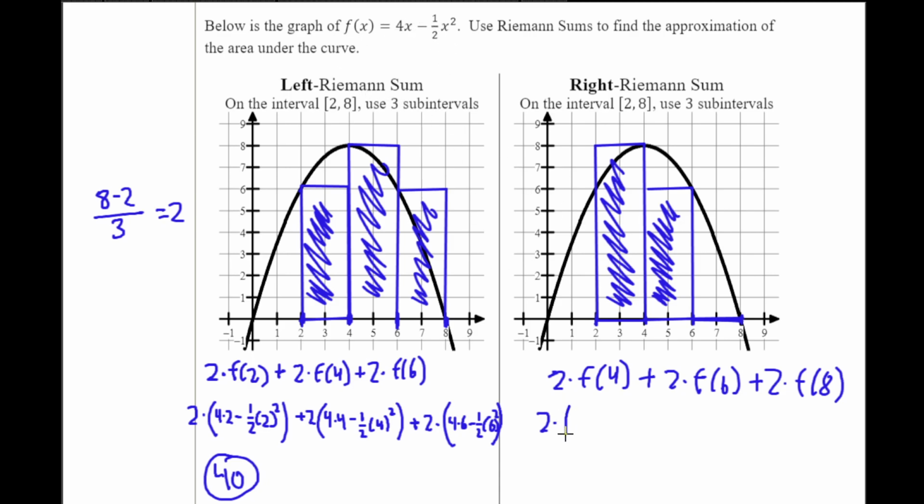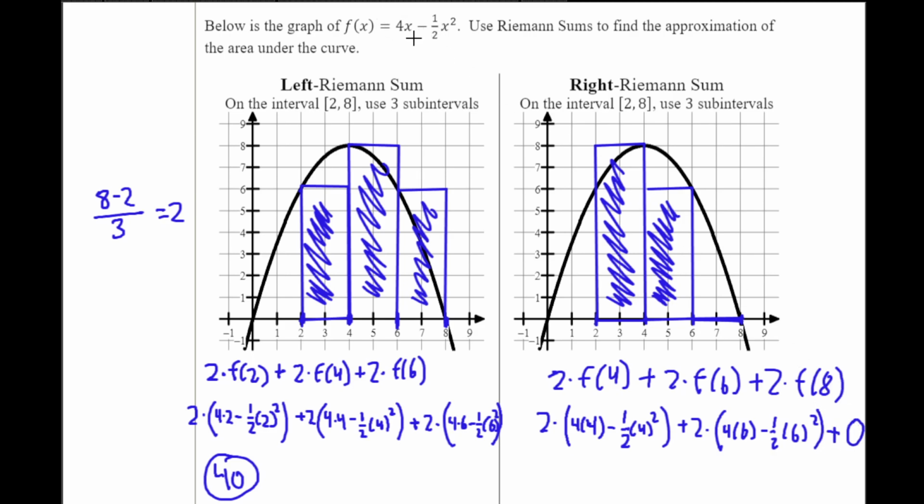F of 4, that's going to be, well, 4 times 4 minus 1/2 4 squared, plus 2 times 4 times 6 minus 1/2 6 squared, and plus 2 times, I'm going to just say 0 here.